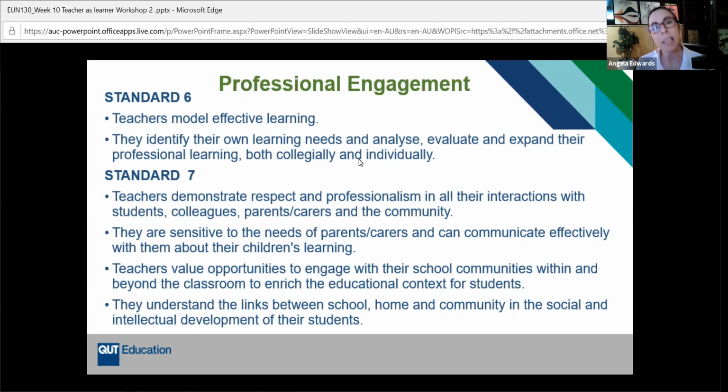Then give an example of how you might actually enact that in your professional practice. So your sentence would probably start with something like, I believe, or I am committed to, or possibly I advocate for. So you would do that for standard 6 and for standard 7.